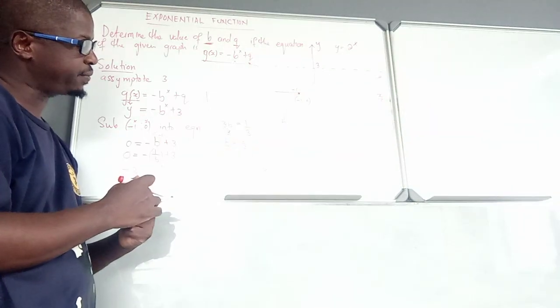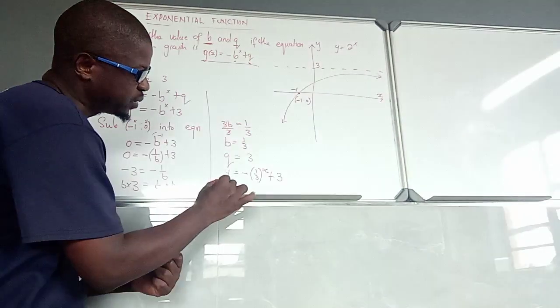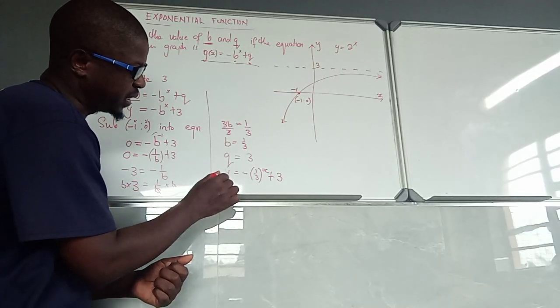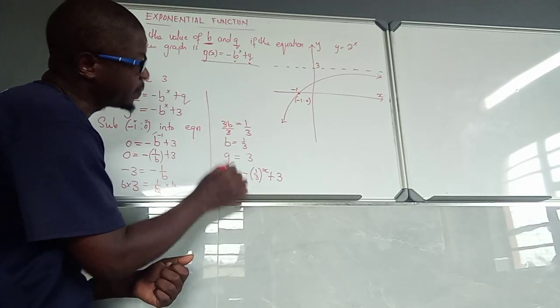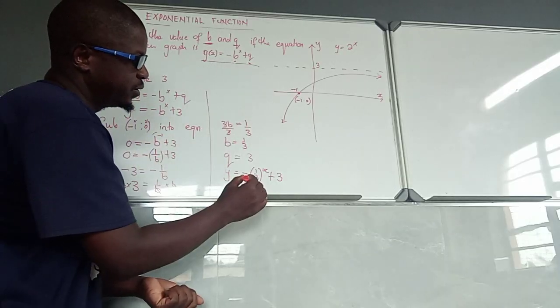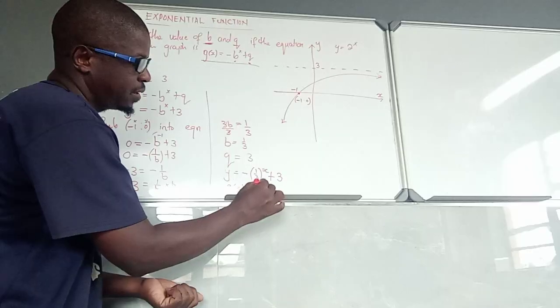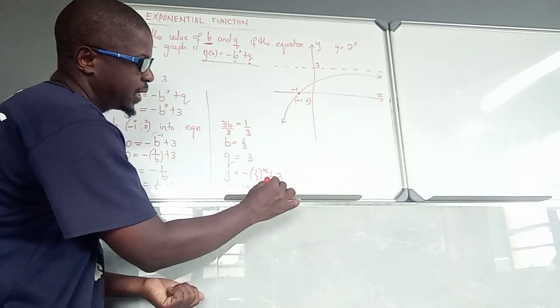That is all we have. We can even go further to say g of x is equal to minus one third to the power of x plus 3. Some of you can just say y here, but it is basically one and the same thing.